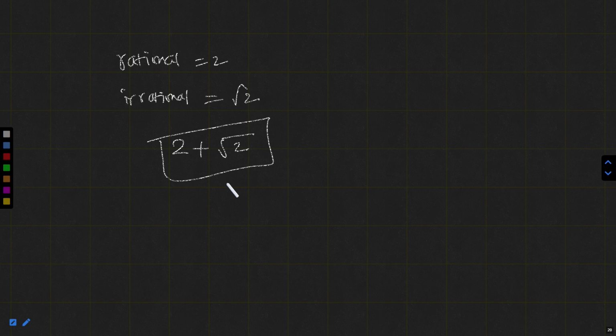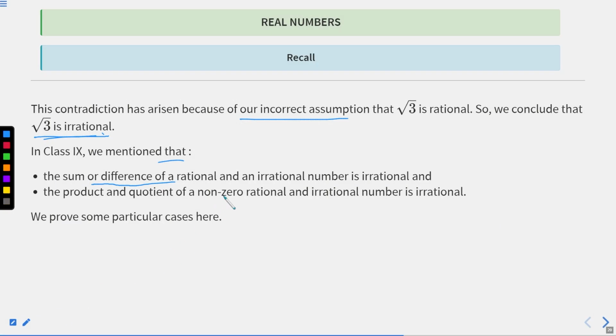We can prove that 2 plus root 2 is an irrational number by using the contradiction method. You assume 2 plus root 2 is a rational number, then you get some consequences and a contradiction. Also, the product and the quotient of a non-zero rational and an irrational number is an irrational number.